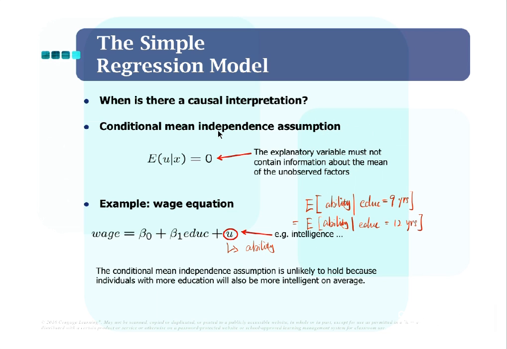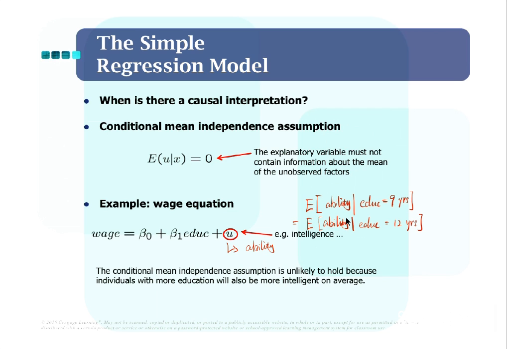So it says that suppose your education is 12 years and other people have education of 9 years, your ability should be the same. But apparently, this assumption seems not very valid.